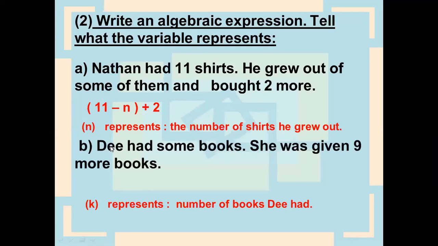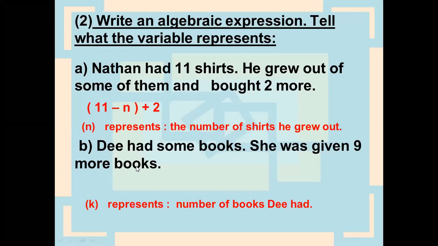Take care. D had some books. She was given 9 more books. What is this expression? D had some books. We don't know the number of books she had. For that, we put a letter in this place, any letter. And then she was given 9 more books.